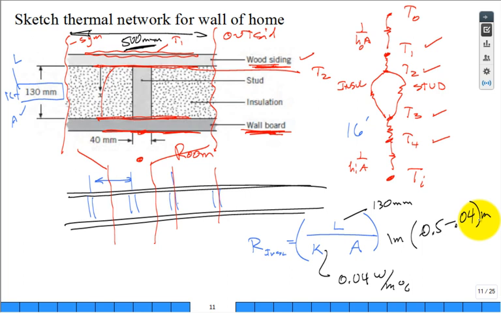Did I lose anybody? But this is where you're going to lose points on exams or homework. You're going to get tripped up. You're not going to get the length right. You're not going to get the area. Come on. L over kA. Pretty easy. We've taken heat transfer and boiled it down. It's pretty easy. But on the FE exam, are they going to give you credit if you can't get the right answer?